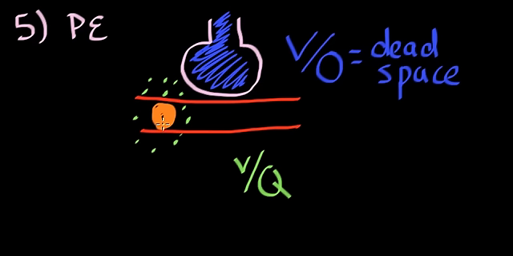So what this clot has done is it effectively has created low VQ lung units in nearby areas of the lung. And if you remember in scenarios 2 and 3, when you have low VQ, this will result in a high AA gradient, a high difference between the arterial concentration of oxygen and the alveolar concentration of oxygen.